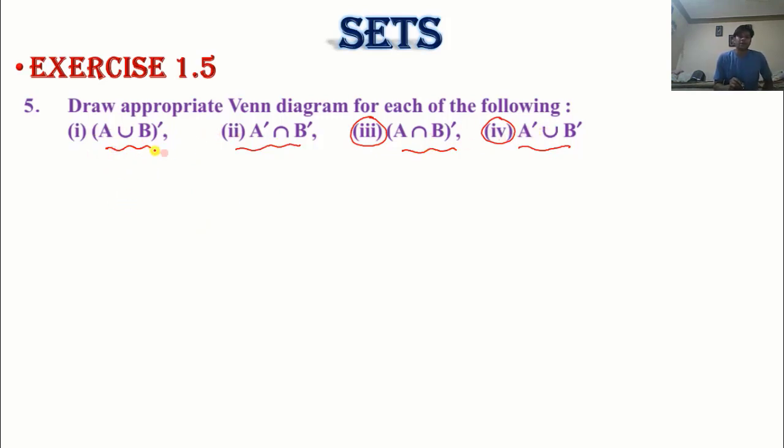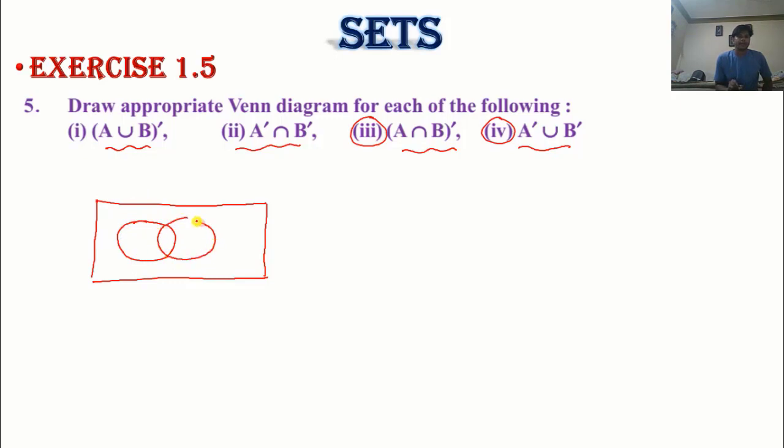So as per your figure of this one, (A union B) complement is required. Suppose this is our universal set, this is our set A, this is our set B. A union B is this portion, but you require the complement, which means outside A union B. So this is your U. I am going to highlight it with an added line.